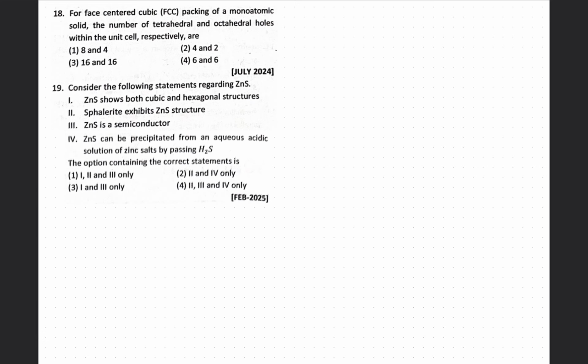Okay, next is for the face centered cubic FCC packing of a monoatomic solid, the number of tetrahedral and octahedral holes within the unit cell. We know that in a face centered, you have to remember the number of atoms present per unit cell is 4, and it is having a very simple formula.